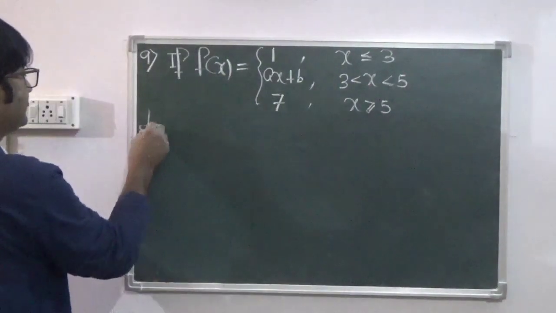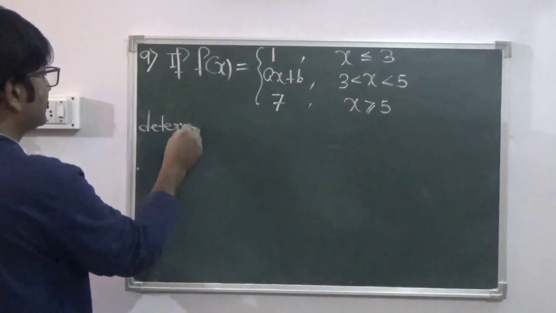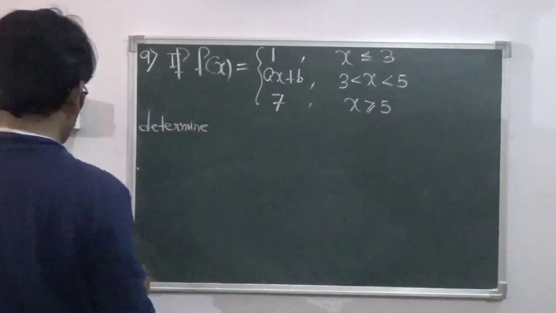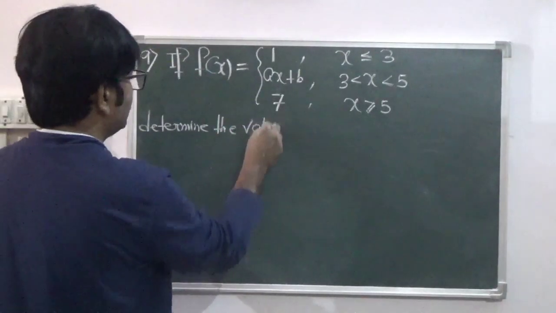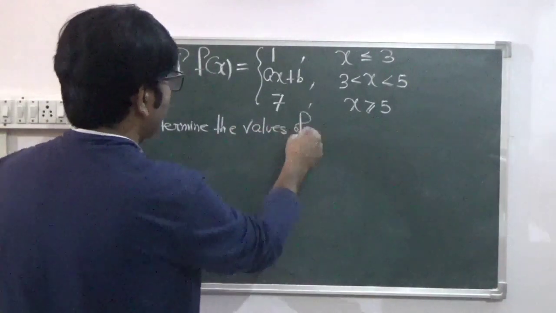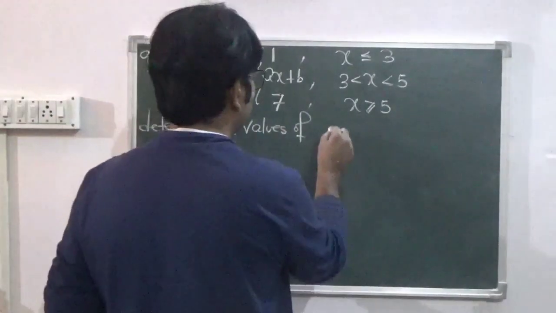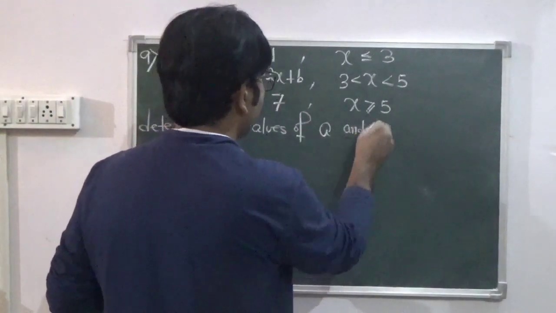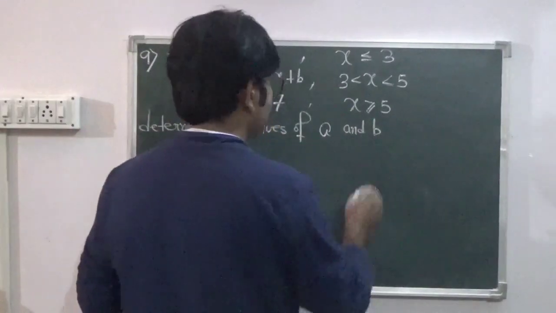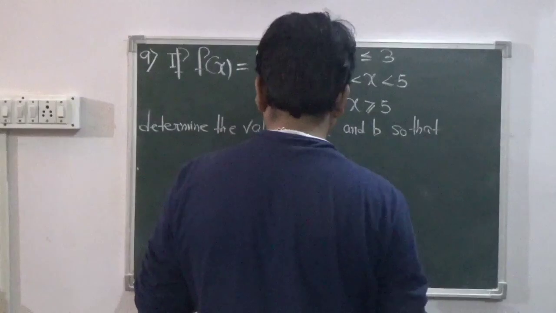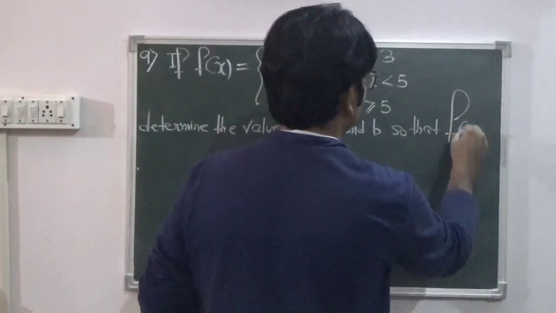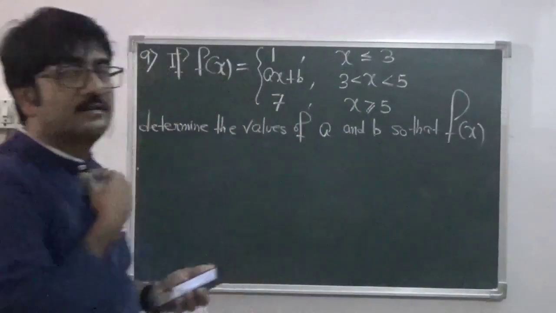The question is, determine the values of a and b so that f(x) is continuous.